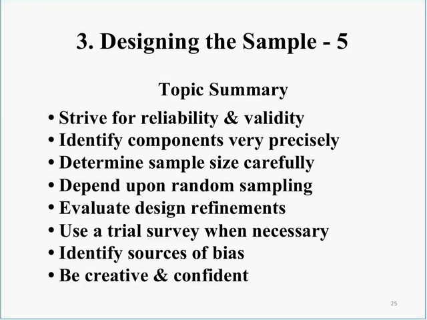Next to last, identify sources of bias. Be aware of the major sources of bias in your situation, but constantly inspect the design to be sure additional sources of bias aren't introduced. Finally, be creative and confident.